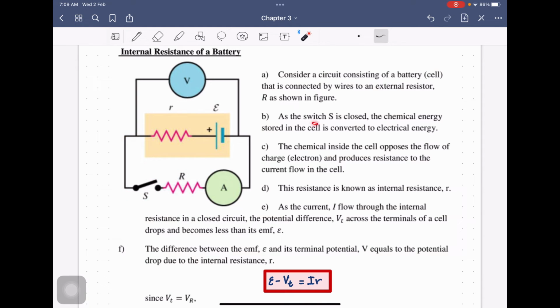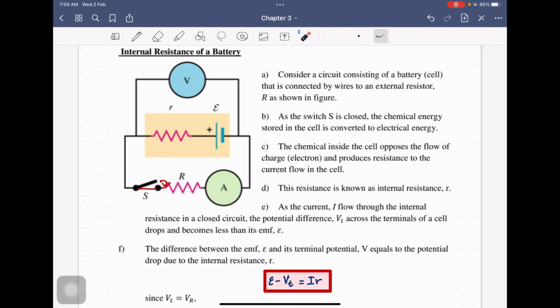Okay, as the switch S is closed, okay, kita closekan switch S. Alright, apa yang berlaku? The chemical energy stored in the cell is converted to electrical energy. Okay, the chemical inside the cell akan oppose the flow of charge ataupun the flow of electron and produce a resistance to the current flow in the cell.